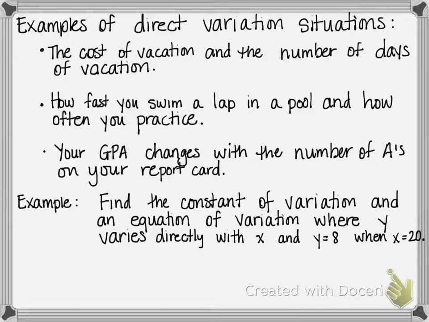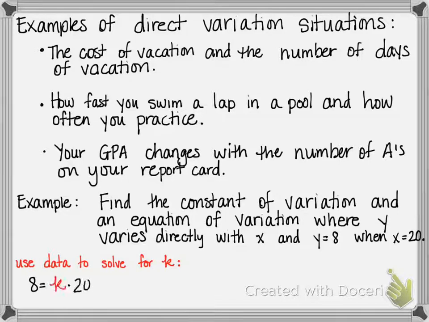So here's an example of how we would actually calculate things using variation. It says find the constant of variation and an equation of variation where y varies directly with x, and then it gives you some data: y equals 8 when x equals 20. We're going to use the data to solve for k.